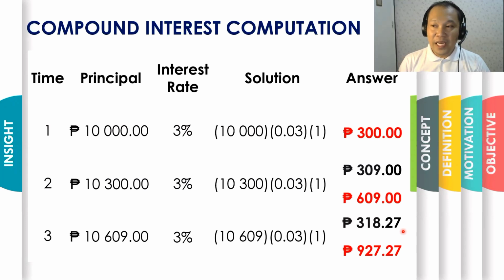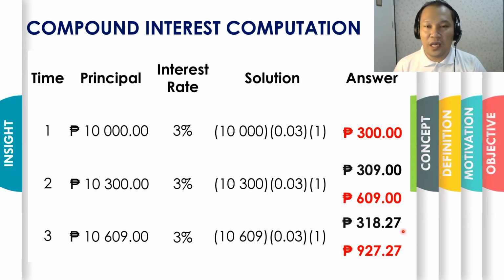which is different and much higher than Peter's simple interest earned after 3 years, because going back to Peter's interest earned, the total amount after 3 years is just 900 pesos. Unlike with Jose, the total interest earned after 3 years is 927 pesos and 27 centavos.